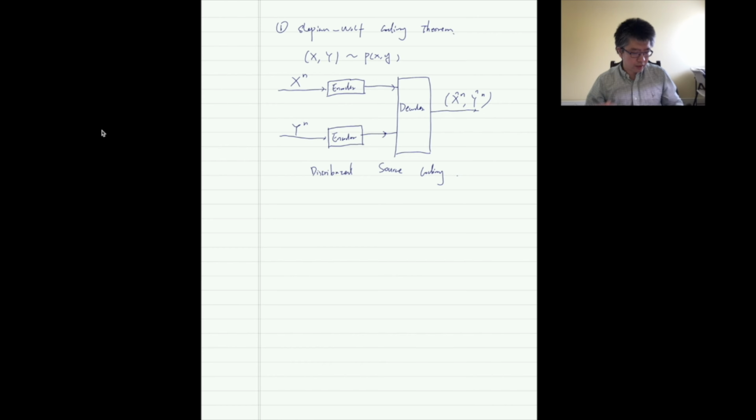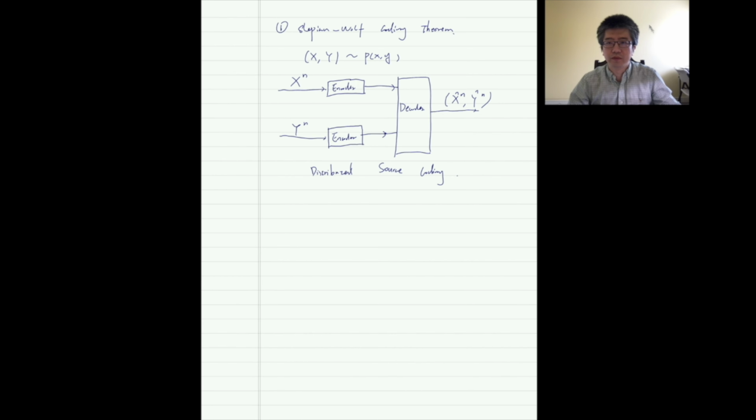Okay, and now let's write down the formal definition for this problem using the information theoretic language that you have seen many, many times, right? Let (X_i, Y_i), this pair, be a sequence of i.i.d. random variables.